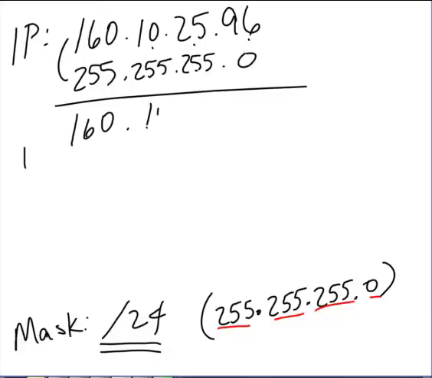So 255 and 160 is 160, 255 and 10 is 10, 255 and 25 is 25. Then if we see a 0, we just bring a 0 down. We can do that in decimal, and it works for a couple other masks as well.